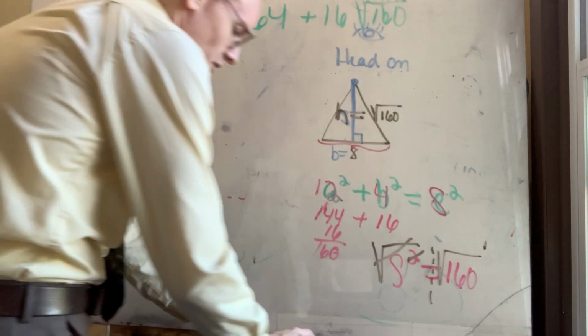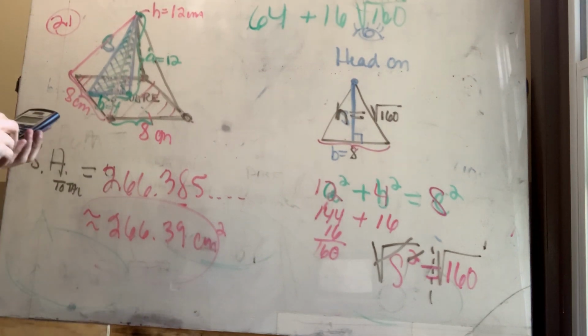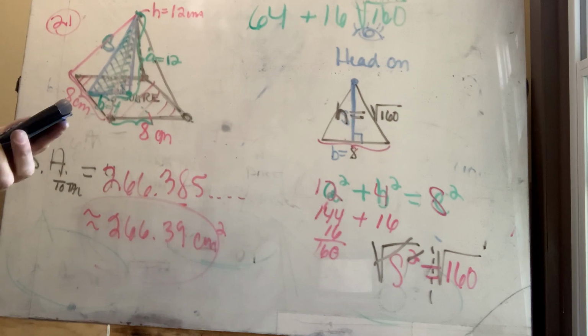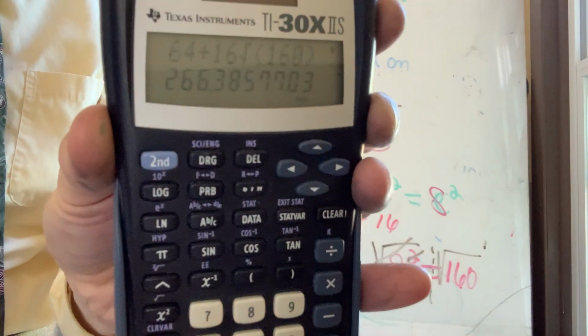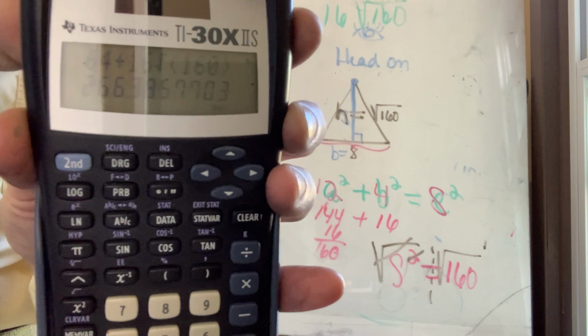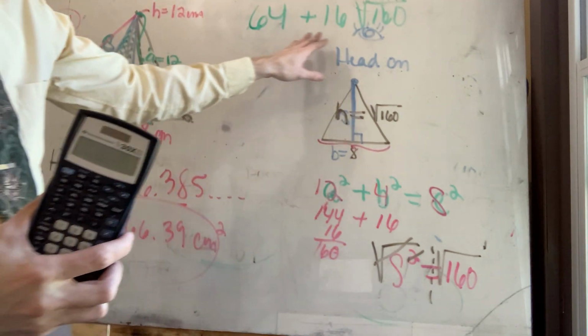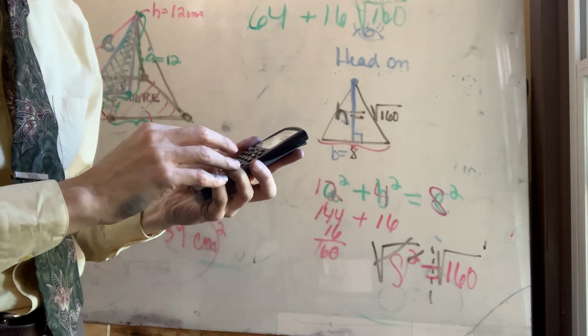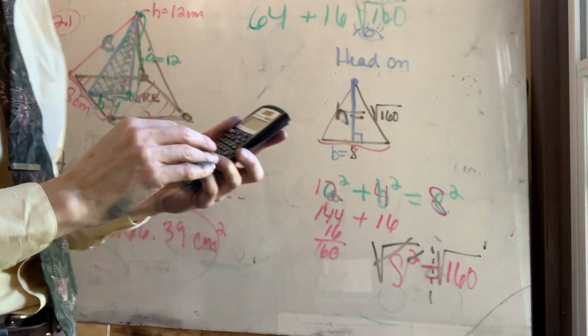Okay. I just want to see something really quick. Stupid calculators don't know everything that they should. Do be careful. I answered it the other way, 64 plus 16 times the square root of 160, because I think this would get you in less trouble if you typed that. But the first time I did it, it gave me the incorrect answer, and I can't help but sense that it's because of parentheses.